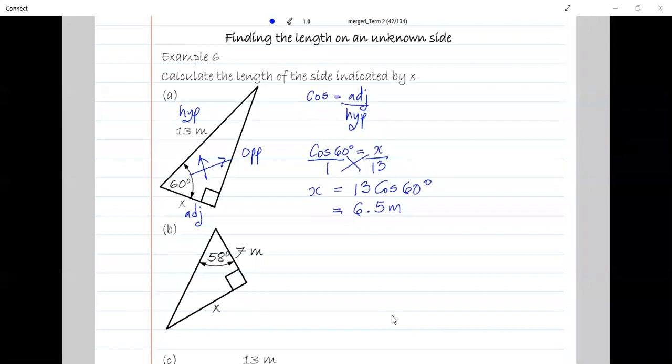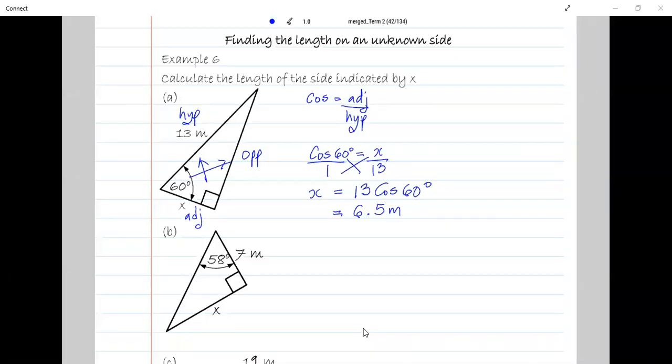All right, guys. So I did A. I want you now to do B and C. All right, guys. So let us have a look at B. The side that is in front of the angle is the side that is opposite to the angle.